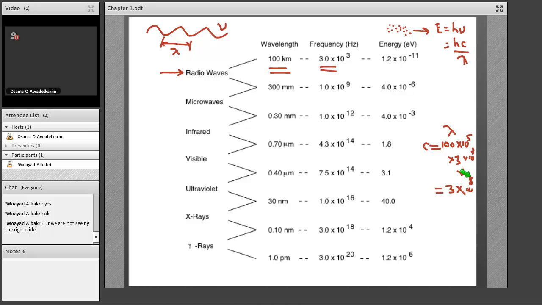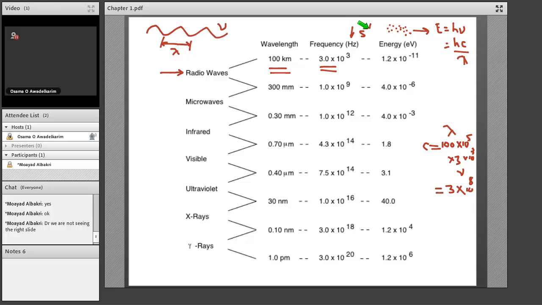For these radio waves, even larger than the ocean waves, the frequency is 3 times 10 to 3 hertz. Hertz is the same as per second.